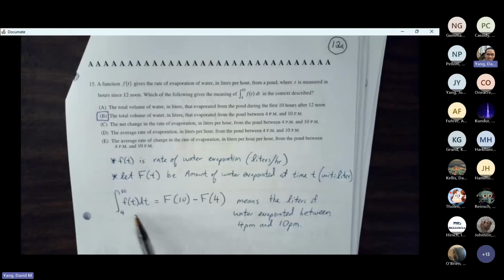So F of 10 minus F of 4 is the amount of water at the 10th hour minus the amount at the 4th hour. So this must mean how much water has evaporated between those time periods.